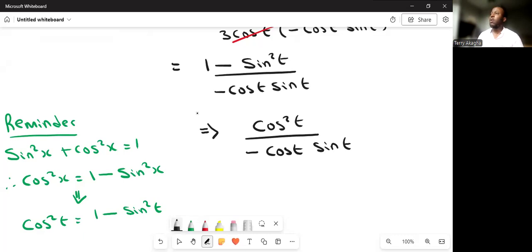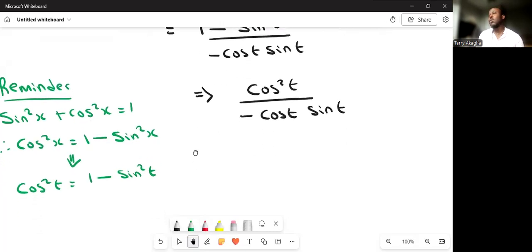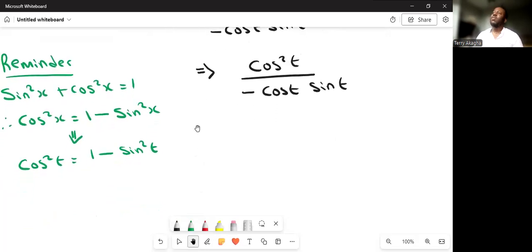One of the things again you will notice is that we can also collect like terms. That's the reason why for trigonometry I decide to always simplify. So this is the same thing as saying cos squared t is cos t multiplying by what? Cos t, do you understand?